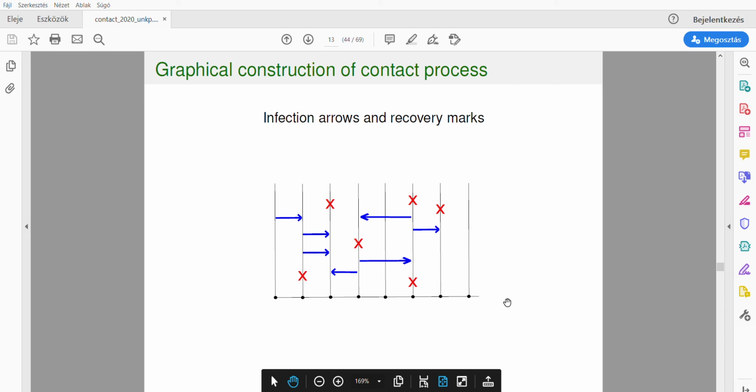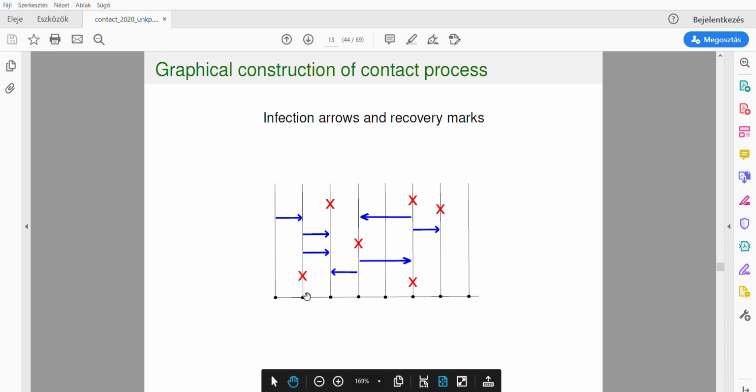If you remember, the rule of the contact process, whether it was nearest neighbor or spread out, was that there are these exponential clocks, and if the clock rings, then you either heal or you infect someone. These red marks are called the recovery marks, and the recovery marks form a Poisson point process. On each of these lines we put a Poisson point process of recovery marks, and the rate of that Poisson point process is equal to 1.